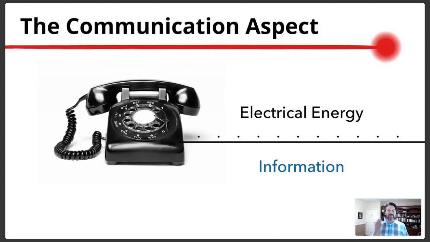And even now that phones don't have wires anymore, the same thing happens. We've changed the kind of energy. Now we're using radio frequency energy, radio waves, to carry that signal instead of using a copper wire with an electrical signal, but it still encodes and carries the information. Well, light is very much the same way. You can encode and carry information in light.